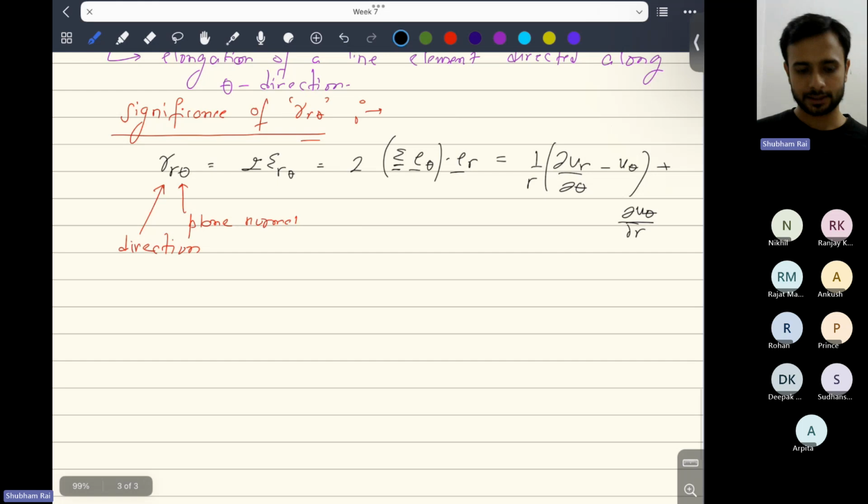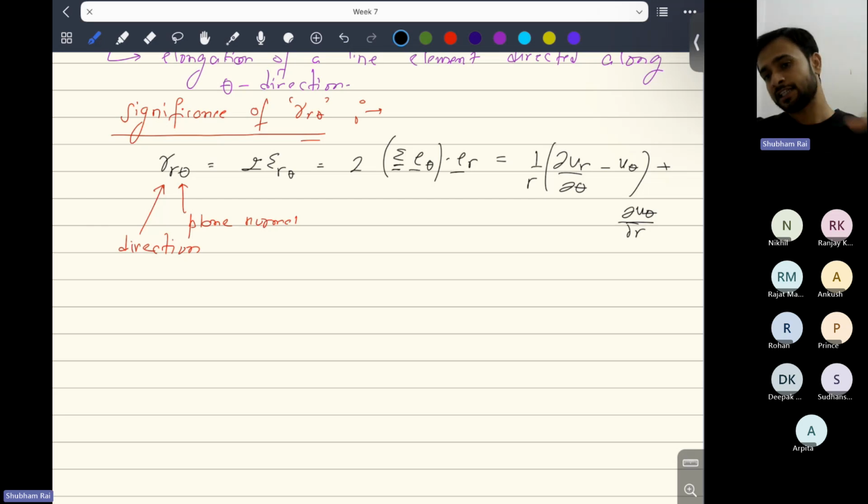So let's go to the next concept, which was the stress strain relation in the cylindrical coordinate system for isotropic material. It will remain the same, because for isotropic material the stress strain relation does not change with direction. You can choose any set of three normal directions, and the stress strain relation in those directions will be the same.